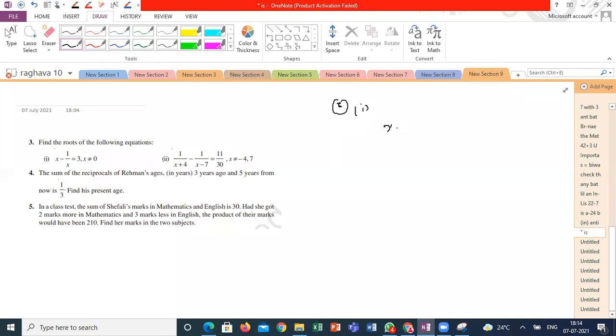First, what is the condition you have to do before solving the quadratic equation? What is the first condition? Make it into standard format. Correct? What is the standard format of the first question? x square minus 3x minus 1 equal to 0.